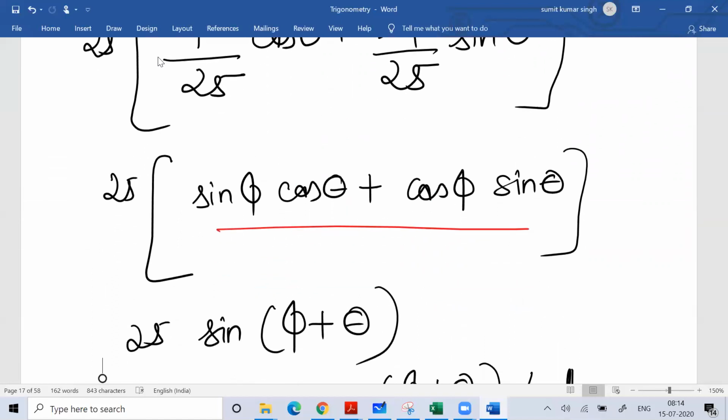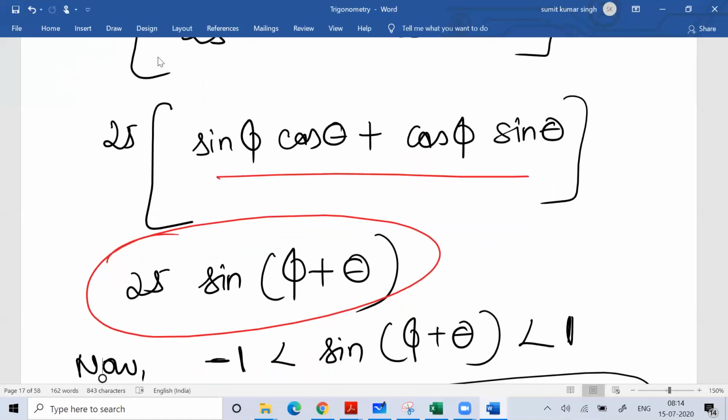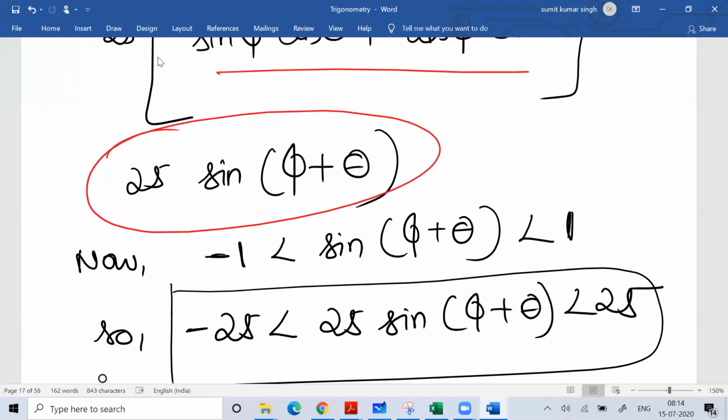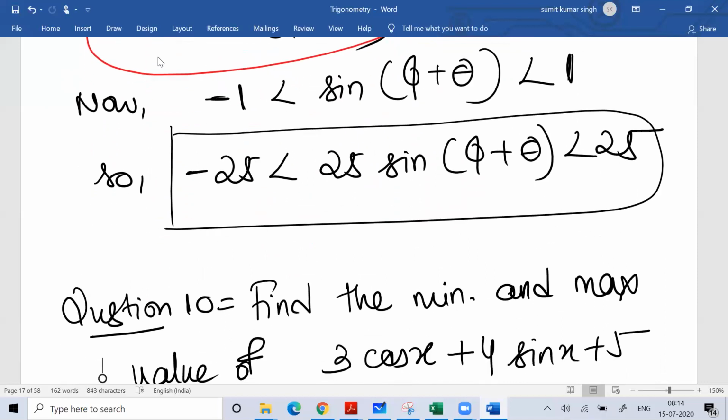Ultimately, once you get this expression, you know the maximum and minimum value of sine of any angle, alpha, theta, anything, is from -1 to +1. So with this I can derive the minimum and maximum value. I hope you understood this.